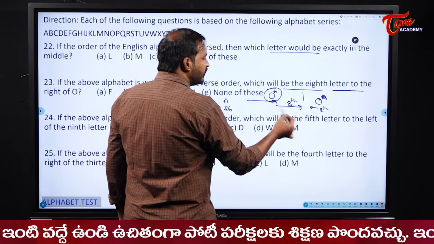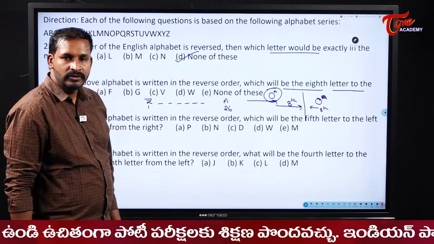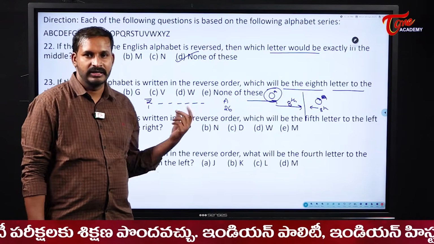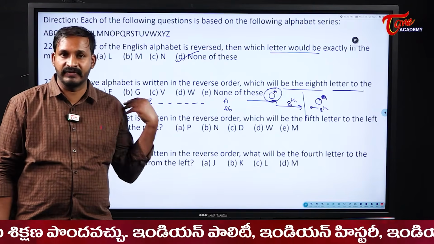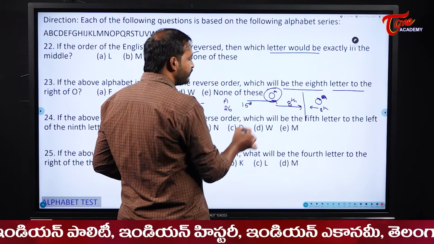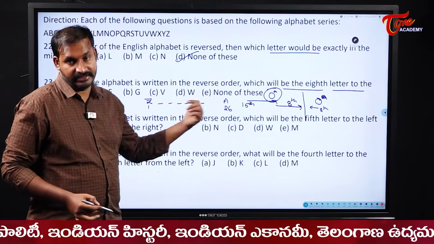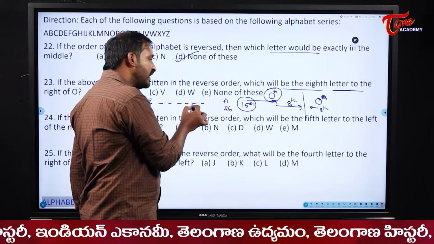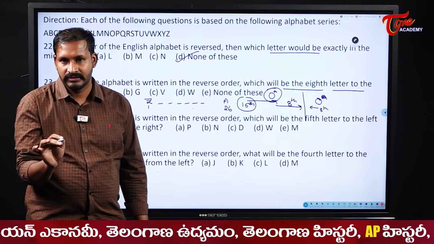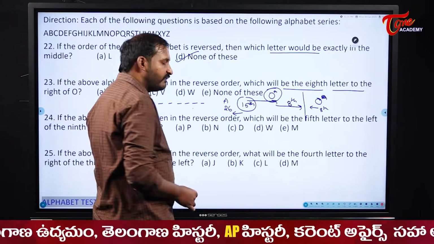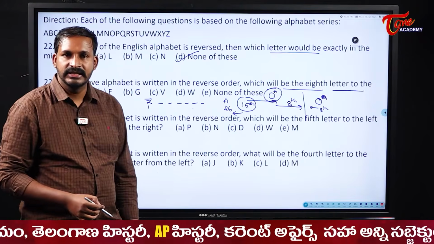Actually I need to find the 8th letter to the right of O. We don't know the O's position in reverse order, but I know the O's position in the perfect left-to-right order. It is 15th from left to right. But when I reverse it, it will not be 15th. Understood? Now to its left 8th: 15 minus 8, what does it become? 7.